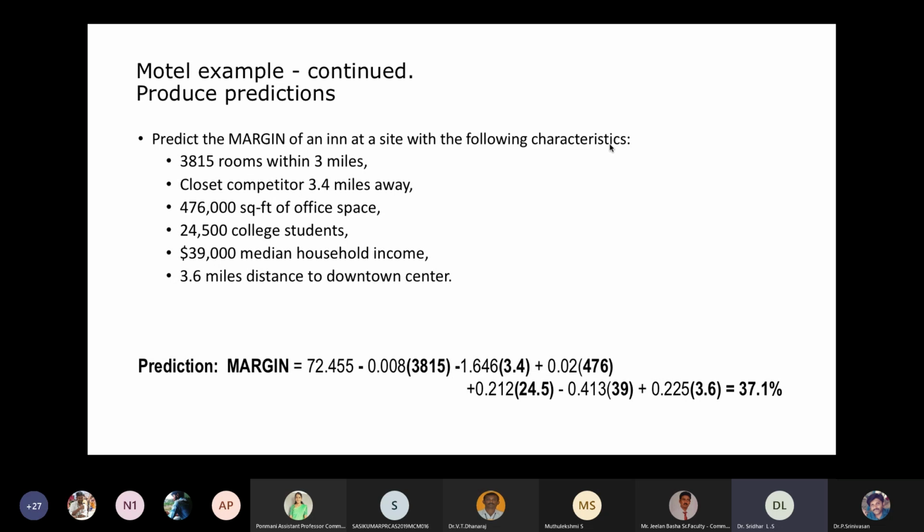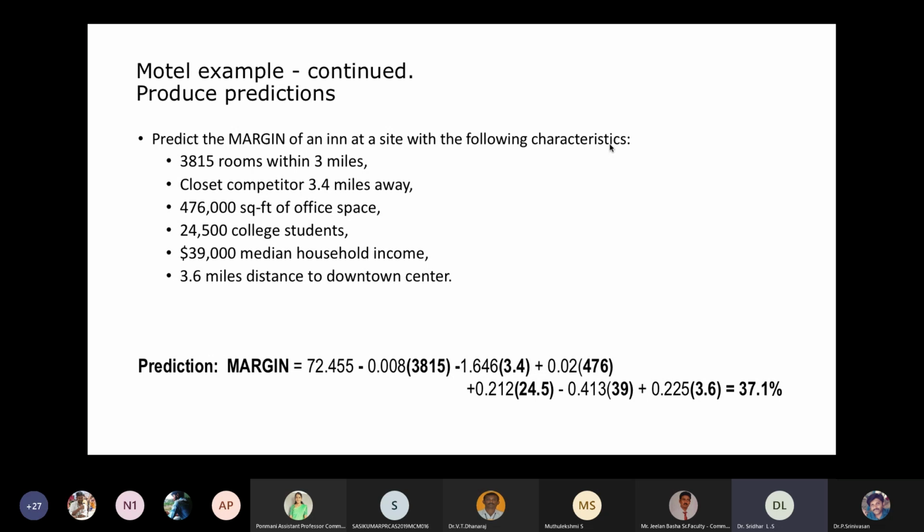So this is what I'm getting as the equation. I fitted the equation and got the answer for margin: 37.1 percentage, the margin percentage I can get with reference to this value.